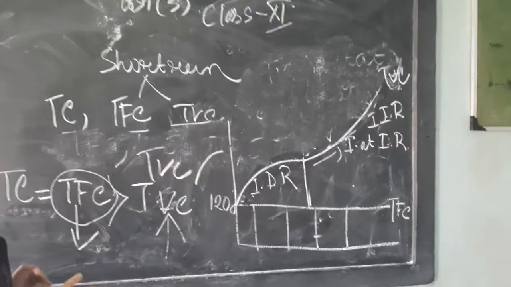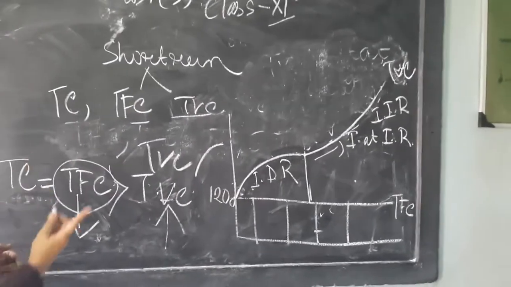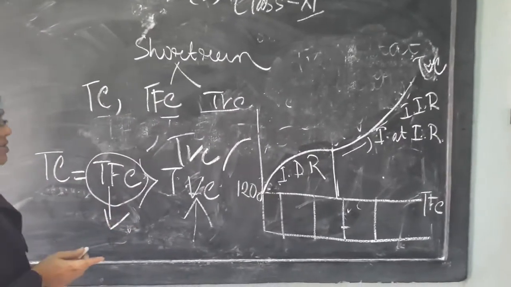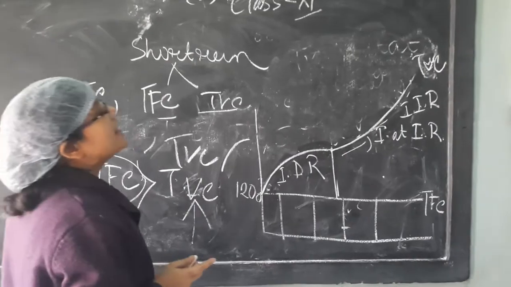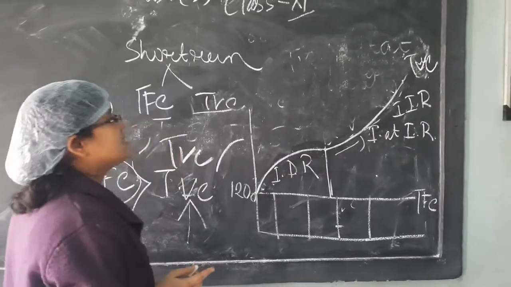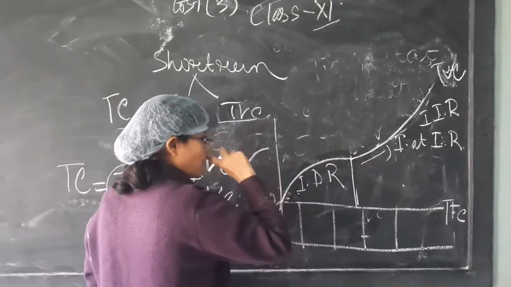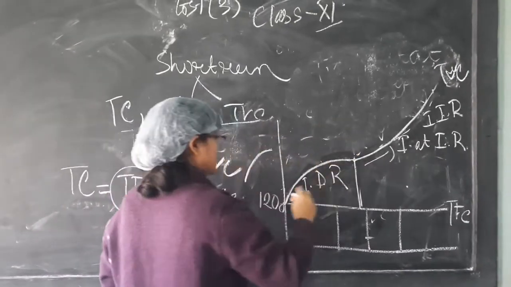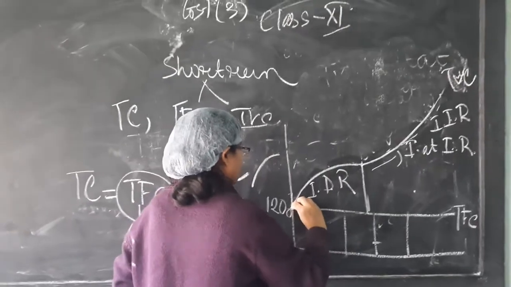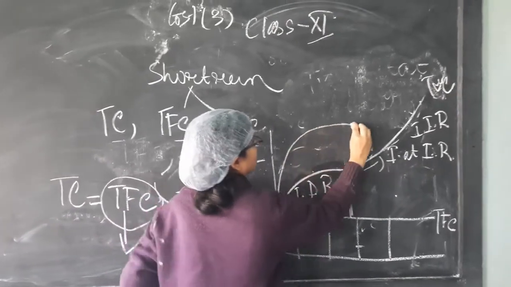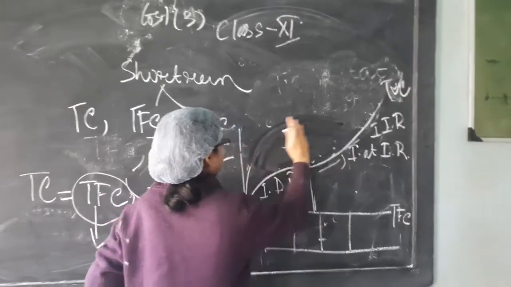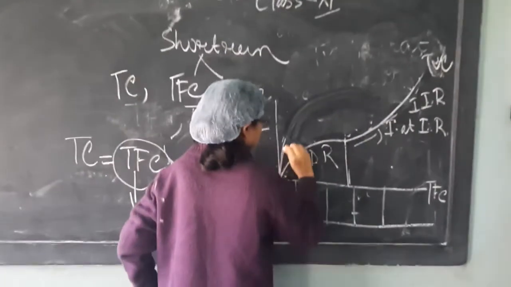But after sometime, after the point of inflection, the contribution of TVC towards TC is more. So at first there will be more gap between TVC and TC. See. Then what will happen? The gap will become narrower. See here.